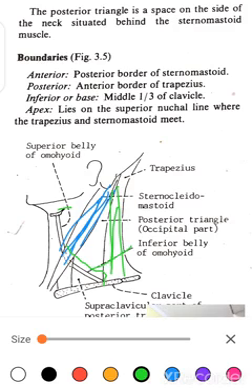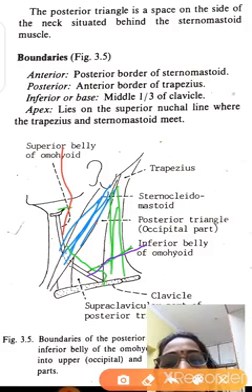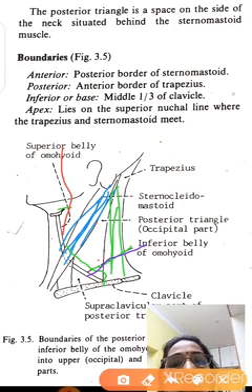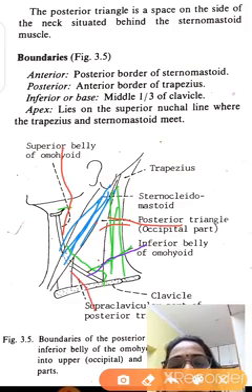So this is the inferior belly of the omohyoid, and this is the superior belly of the omohyoid. This omohyoid is dividing the posterior triangle into the superior occipital part and the lower supraclavicular part of the posterior triangle, these two.